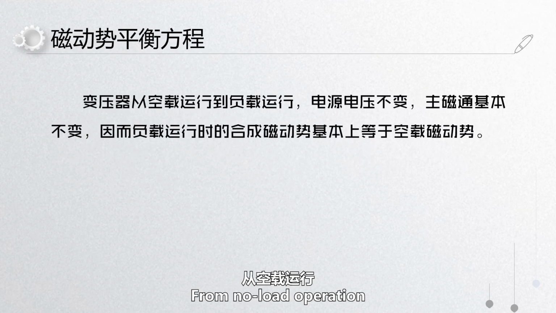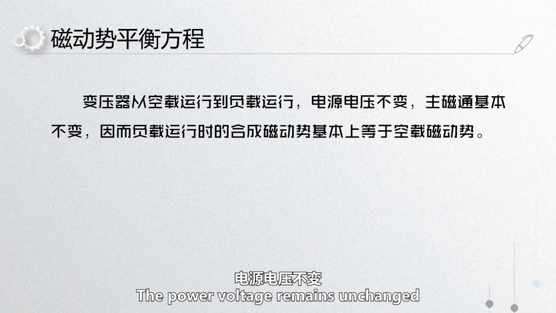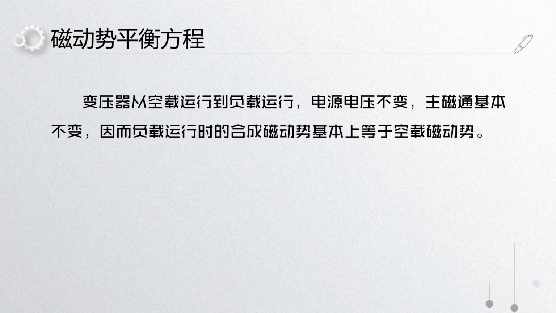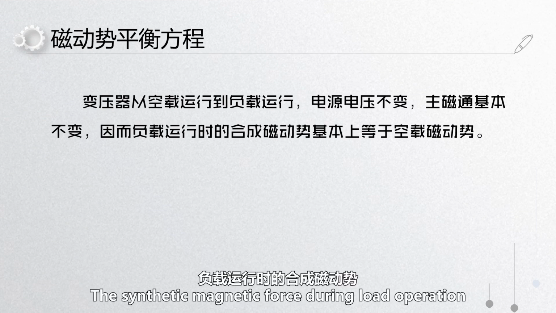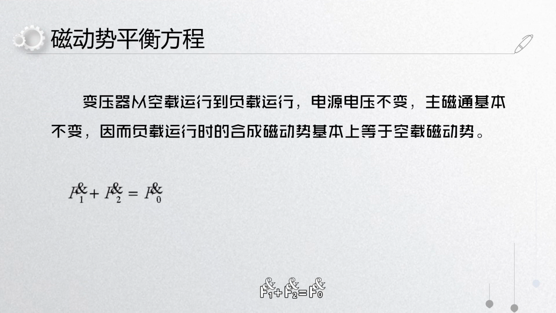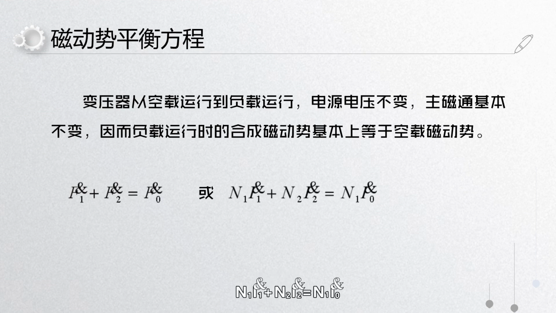From no-load operation to load operation, the power voltage remains unchanged, so the main magnetic flux remains basically unchanged. Therefore, the synthetic magnetic force during load operation is basically equal to the no-load magnetic force: F1 plus F2 equals F0, or N1 times I1 plus N2 times I2 equals N1 times I0.